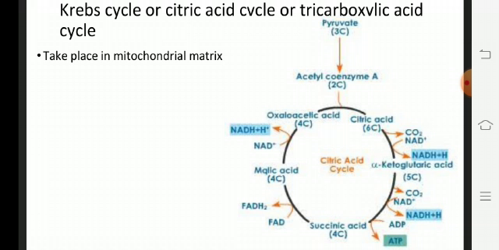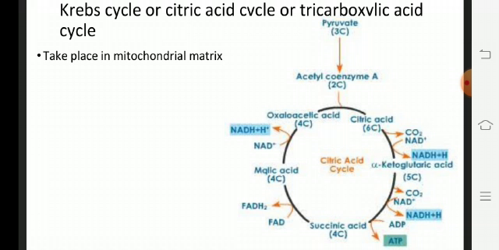What is FAD? F means flavin, A means adenine, D means dinucleotide: flavin adenine dinucleotide, in the presence of the enzyme fumarase. Last, the malic acid is dehydrogenated, resulting in the formation of oxaloacetic acid again.